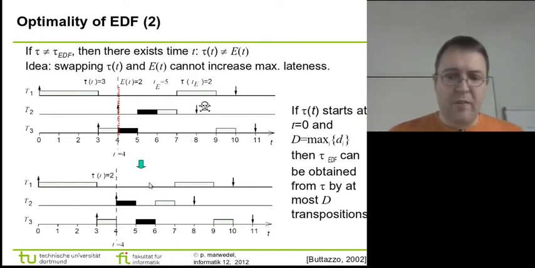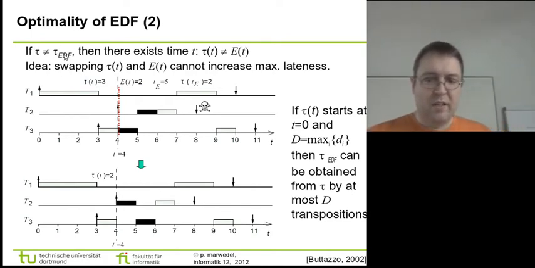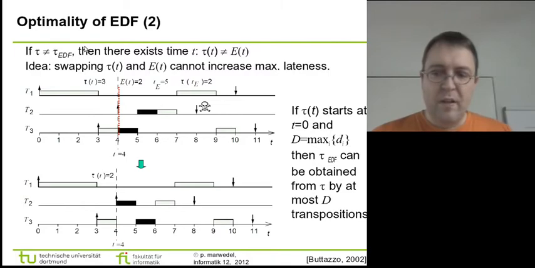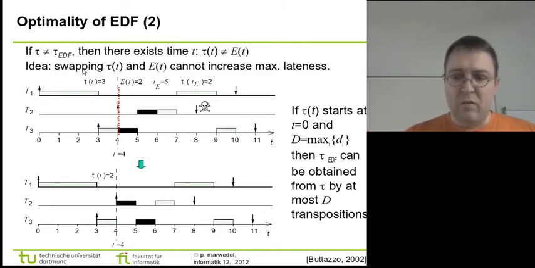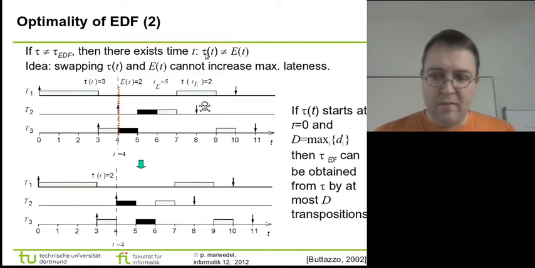Now, if the schedule we are considering is not equal to earliest deadline first, then we know that there is a point in time t at which the process that is scheduled in this original schedule is not the process with the earliest deadline. So the idea here is that if we swap these tasks tau of t and E of t, we cannot increase the maximum lateness.